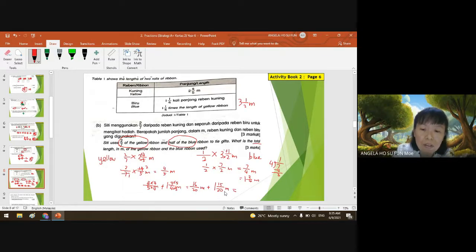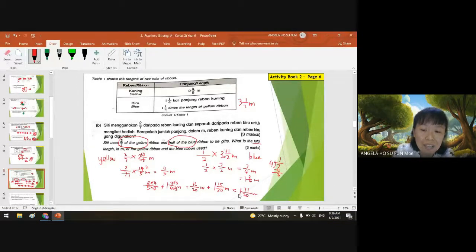So now, same denominator, I can plus already. Here there is no whole number. Here got one whole number, this is 1. Then after that, 16 plus 15, you have 31 over 20 meter.